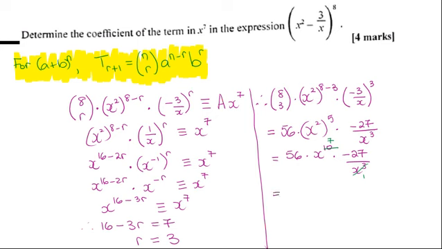This is 56 times negative 27, which is negative 1512 x to the 7th. So that's your x to the 7th term. Therefore, the coefficient is negative 1512.